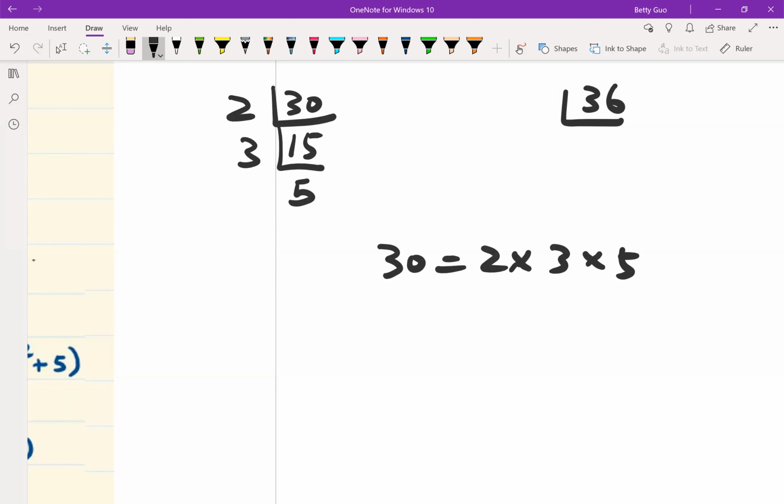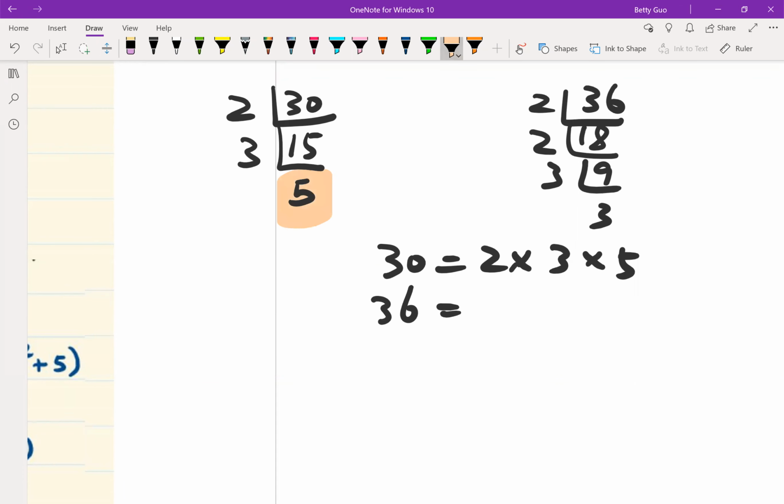Same thing with 36. Divided by 2, 18. Divided by 2, 9. Divided by 3, we have 3. Dennis, you mentioned the technique last time, right? So that's the big L technique. You stop the process when you see a prime number on the bottom.